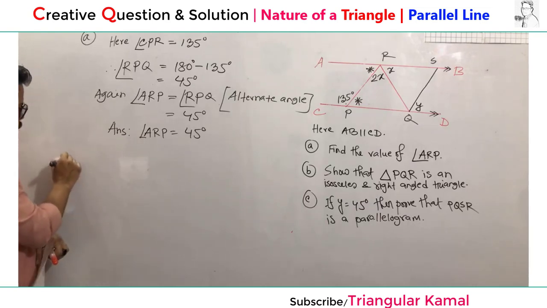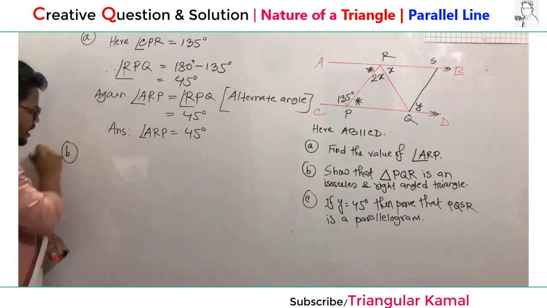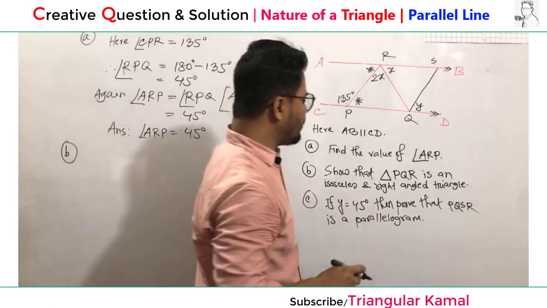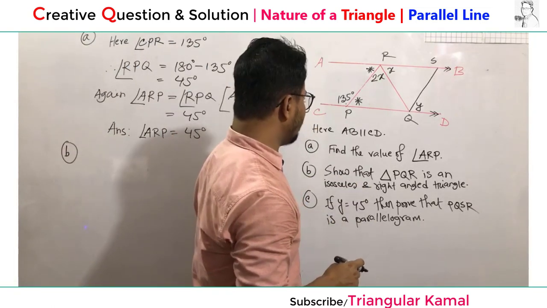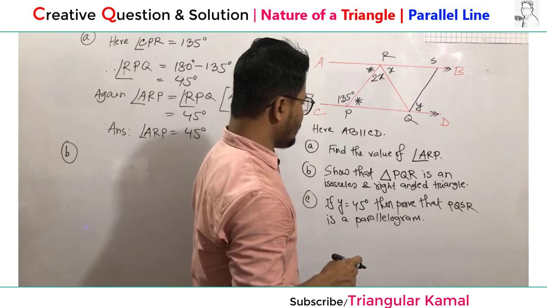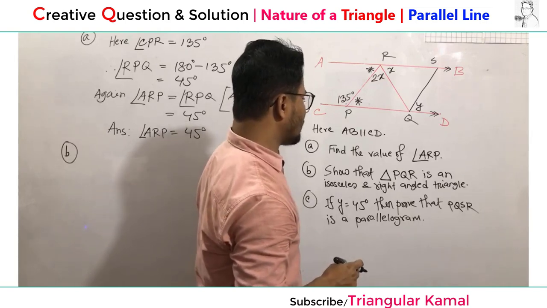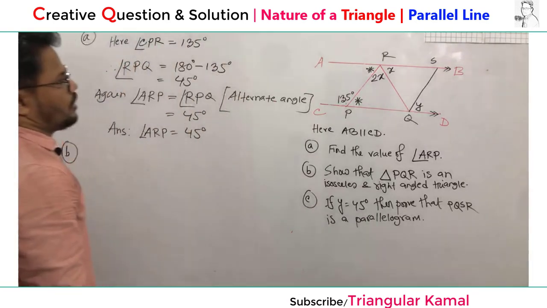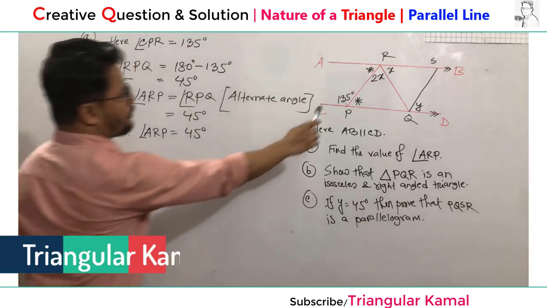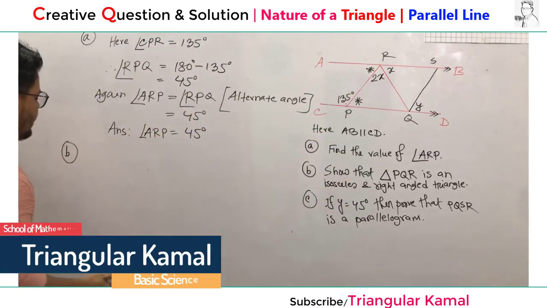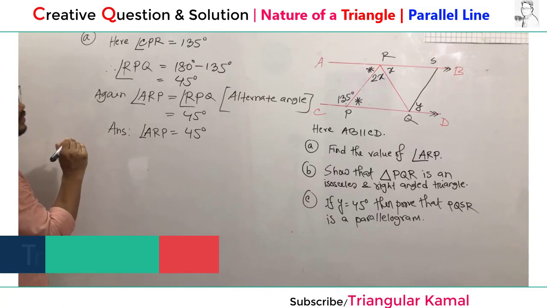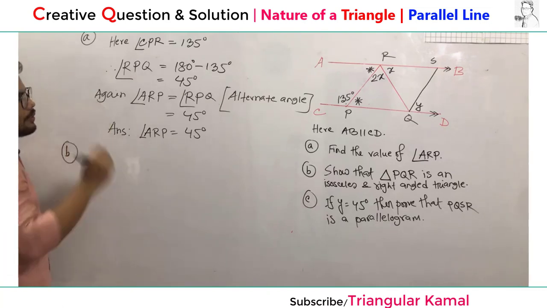And now question number B, and give attention here. Question number B: show that PQR is an isosceles right angle triangle. So this angle is 45 degree angle here. Again, we can start from here.